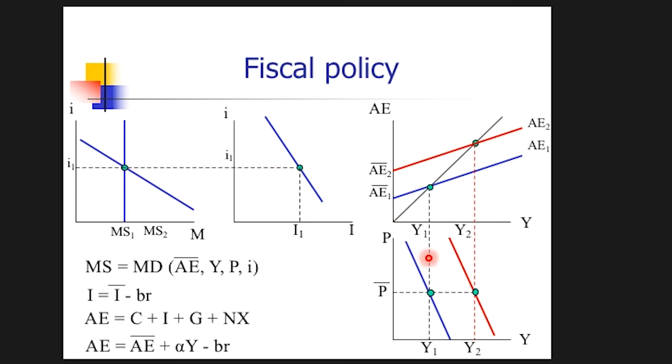Because after the multiplier effect, aggregate expenditure and aggregate demand increase very much. So the increase in expenditure requires more money. So it will affect the demand for money. Demand for money increases and shifts upward.